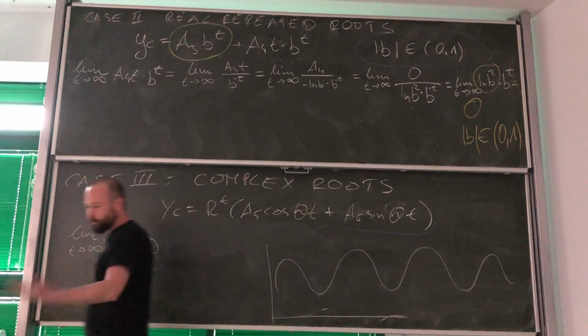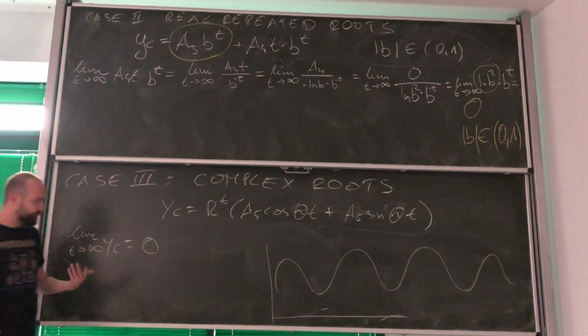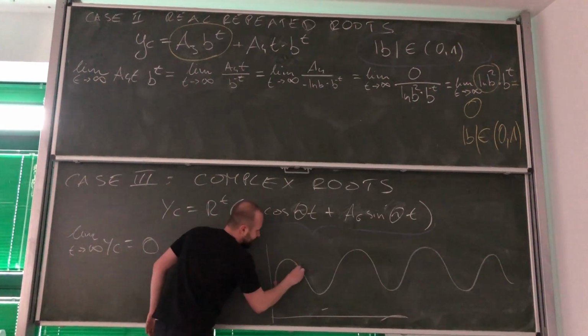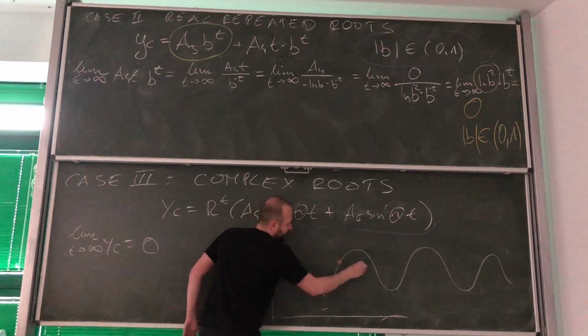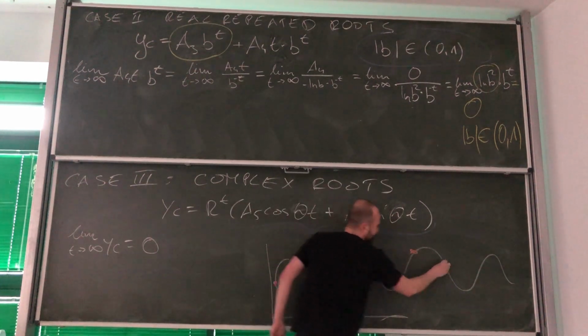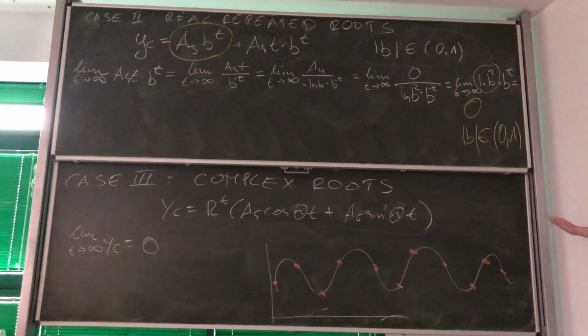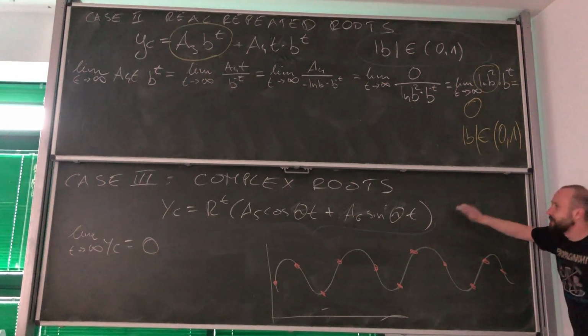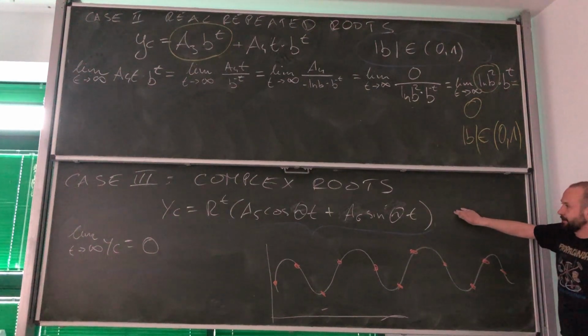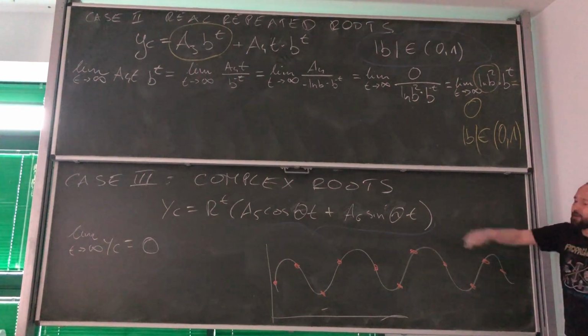Of course, because we remember that those are difference equations, we will see those in the following form, just as points. So this part does not affect the value of the limit.